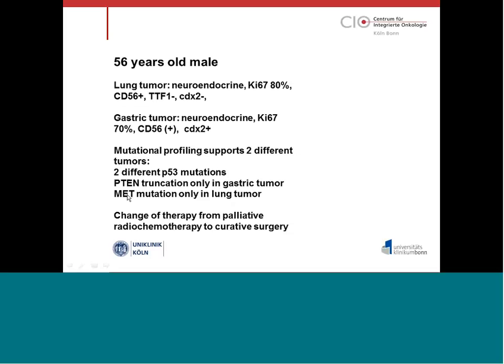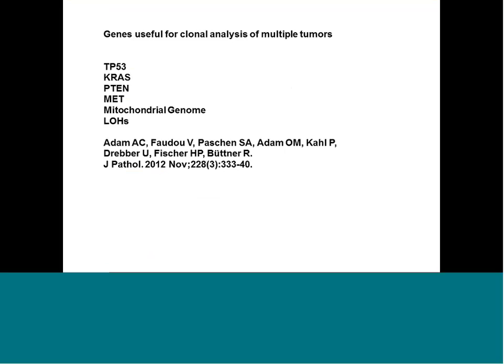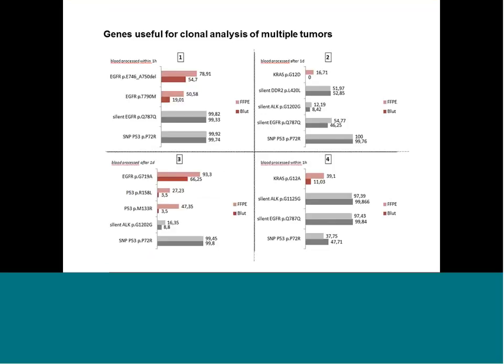So molecular profiling really can tell you the molecular evolution of the disease, also according to standard anatomical classification from T1 to T4, and to discriminate metastasis from multiple primary tumors. And this is a list of genes that have a very different mutational spectrum and are useful to classify private mutation in individual tumor lesions over time.